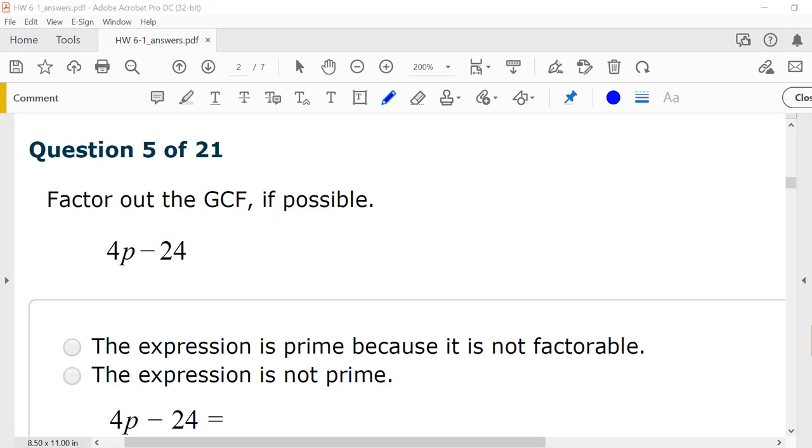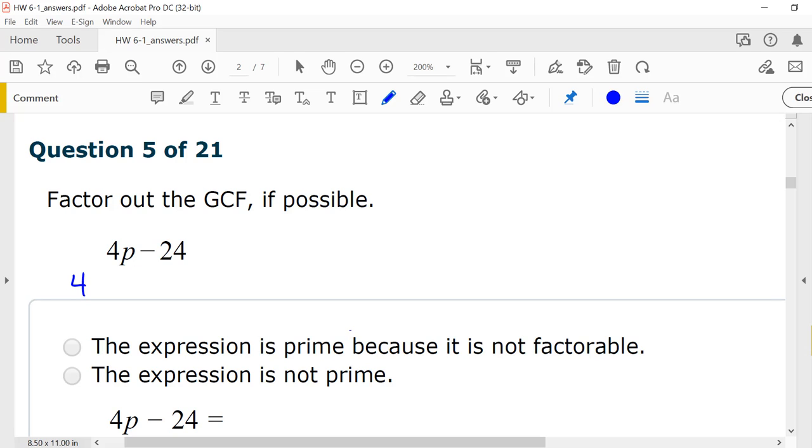Okay, now we get to start using the fact that we can identify GCFs. So question 5 says to factor out the GCF if possible. So I'm going to ask, does 4p and 24 have anything in common? They're both even numbers, so at least a 2 could be pulled out. In fact, a 4 can be pulled out.